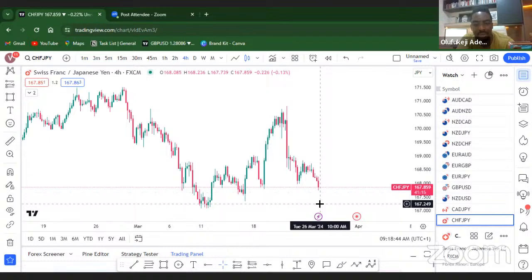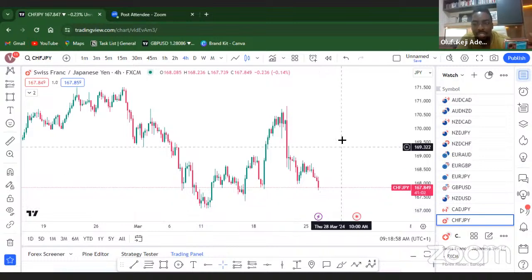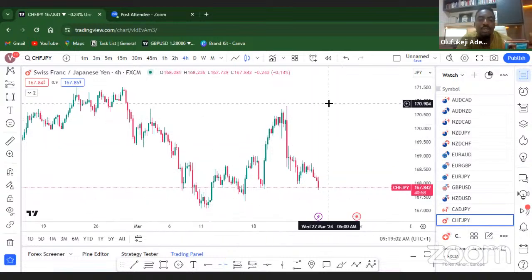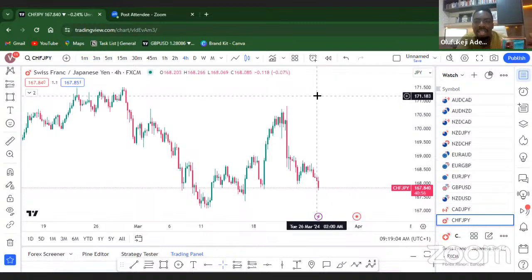If it can break the lows of 167, then we may see demand for the yen as Switzerland starts losing value against the yen, safe haven to safe haven. Other currencies may start following suit gradually. So this is one of the ways you can tell a long-term reversal using fundamentals, using interest rate differential.